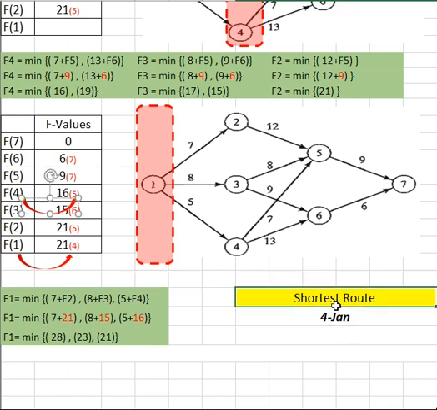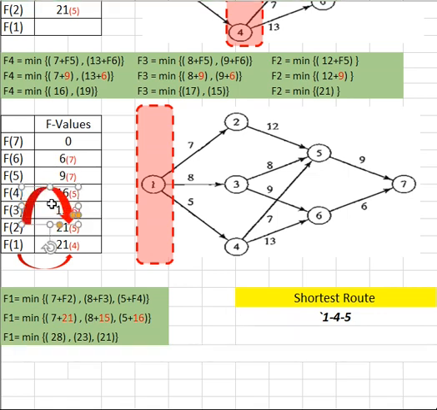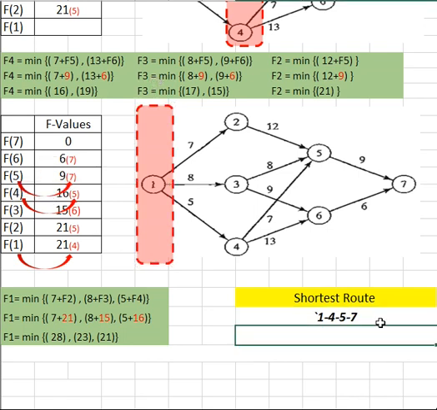Tapos si 5 daw ay galing kay 7. Sabihin, 1, 4, 5, 7 ang ating route. Diba? As you can see.